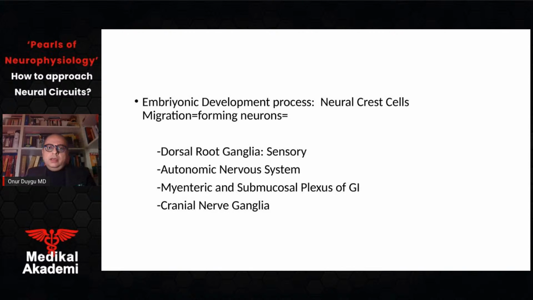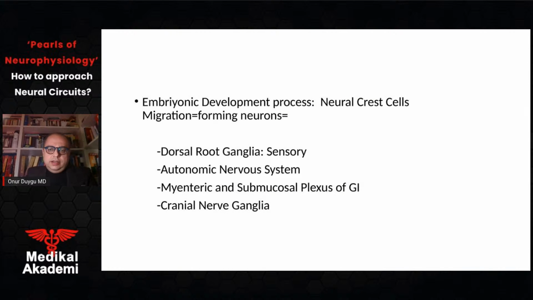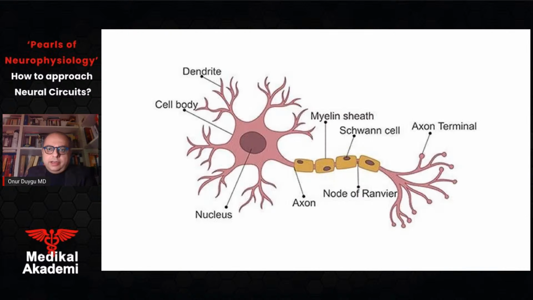You see here the neural plate migrating to the epidermis to shape the neural tube, and neural crest cell migration in the dorsal and ventral aspects, giving rise to the dorsal root ganglia, autonomic nervous system, submucosal and mesenteric plexus of the GI tract, and cranial nerve ganglia.